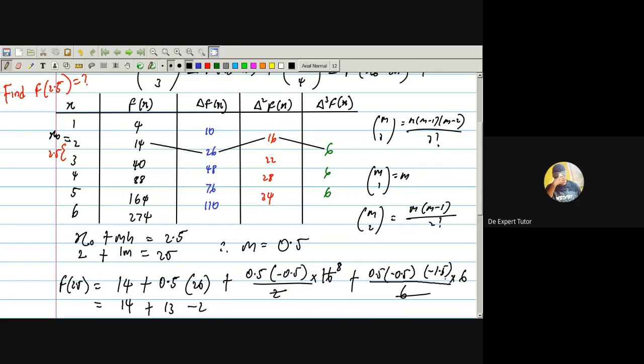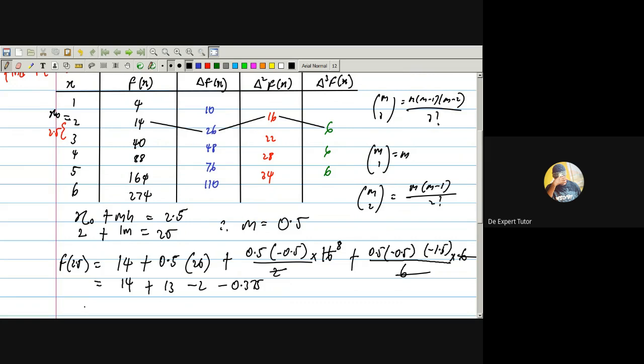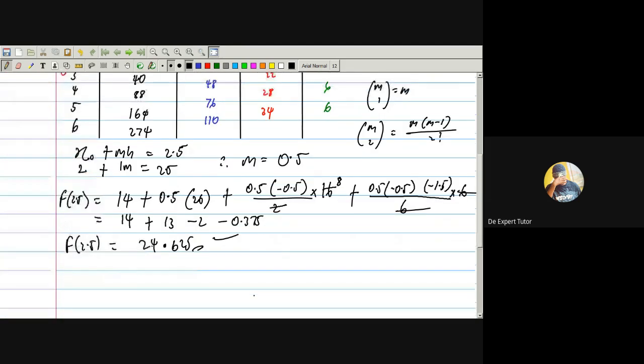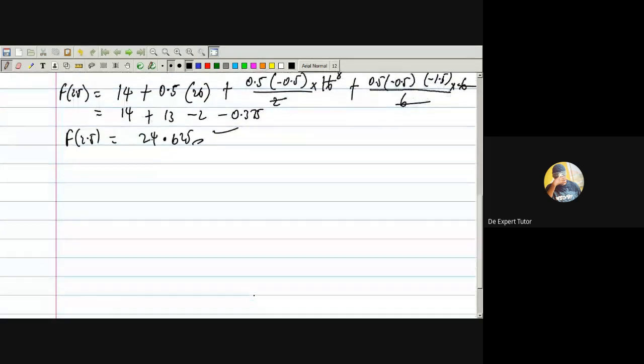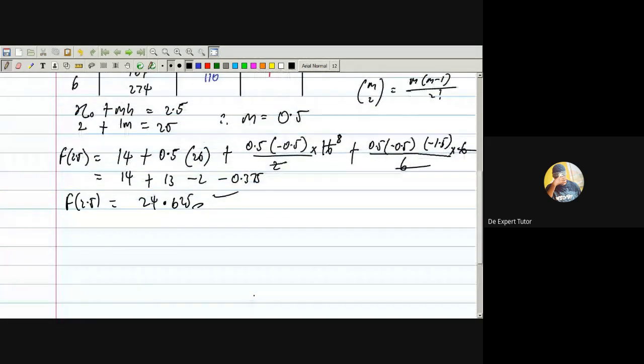Then 6 will cancel 6, so what I'm having here will give me minus 0.375. And lastly, the f of 2.5 is going to give me 24.625, and that's it. Yeah, that's how we do it. Just understand the table. If you can understand the table and how to get your values, you are good to go. That's central difference. Do you get that?